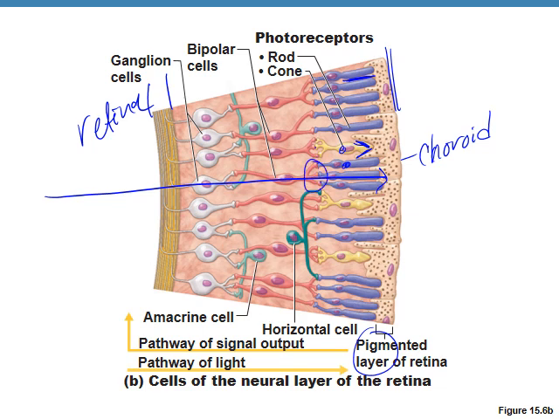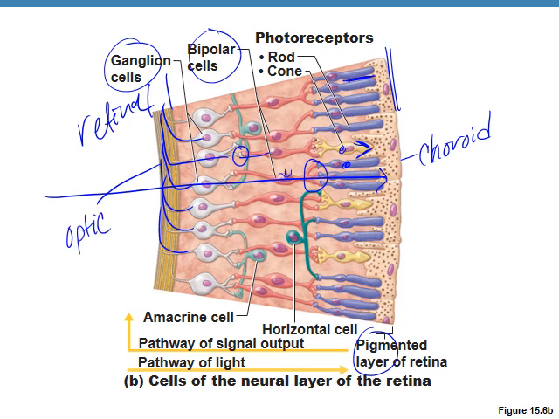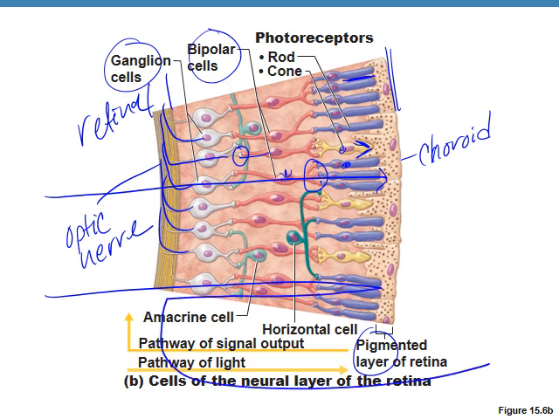They're going to synapse with this cell in pink. This is called a bipolar cell. And then the bipolar cells are going to synapse with the ganglion cells. And then you can see that all of the ganglion cell axons are going to merge, and all of this message is going to be sent on the optic nerve to the brain. So the light has to come all the way in, and then it bounces back and then goes to the brain.